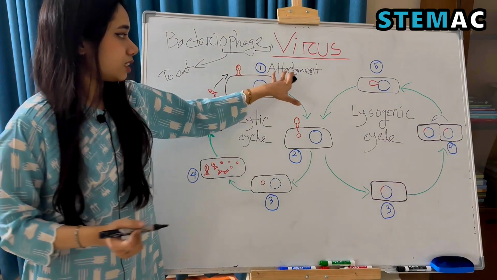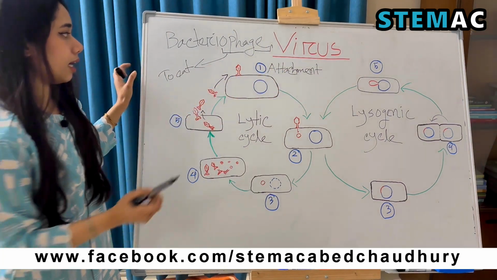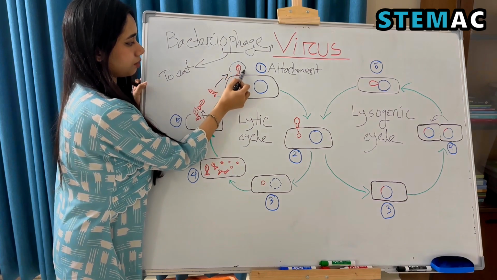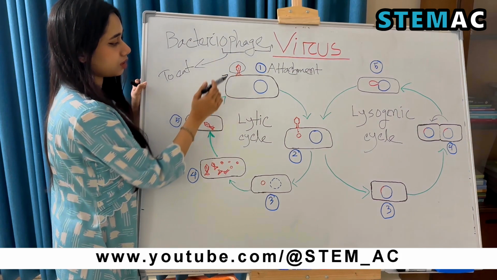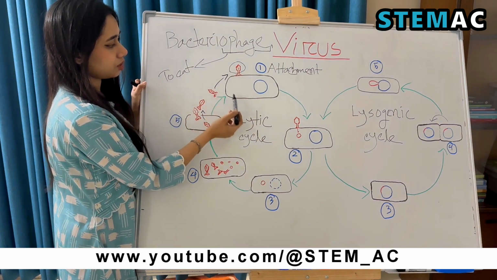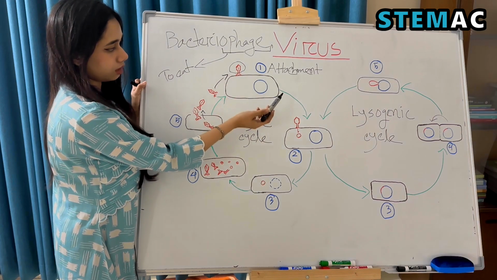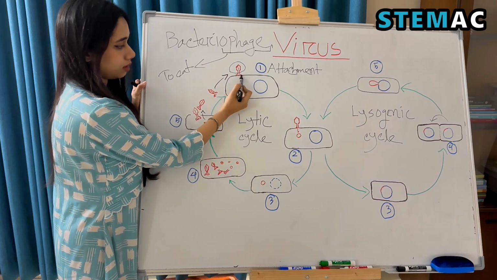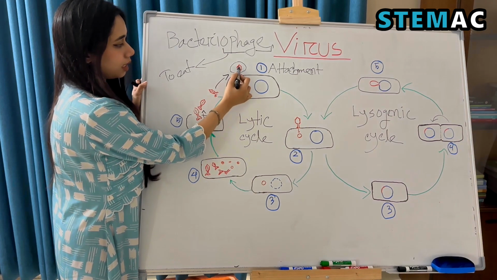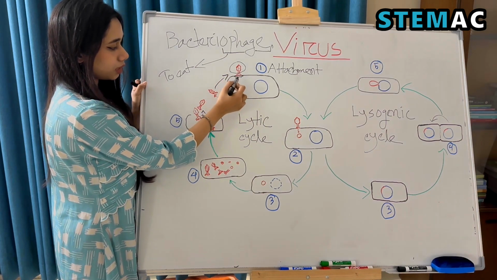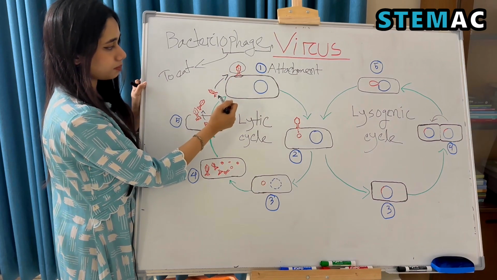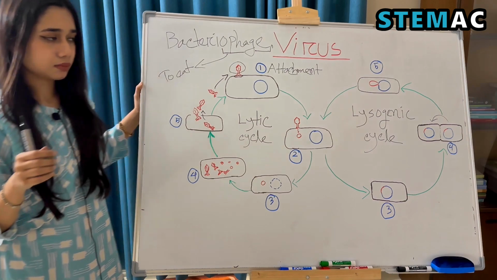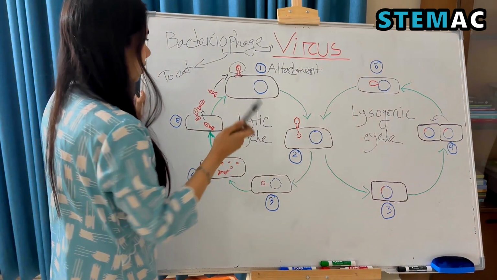In this attachment step, this is our bacteriophage. This bacteriophage will attach to a host bacteria with a receptor site. Here we have a receptor site. It has bound to a receptor site of a host bacteria, and that is how the attachment step is conducted.